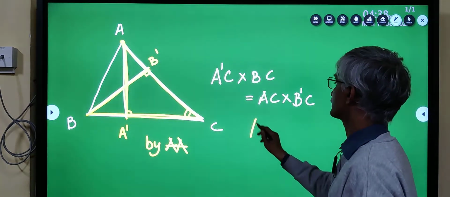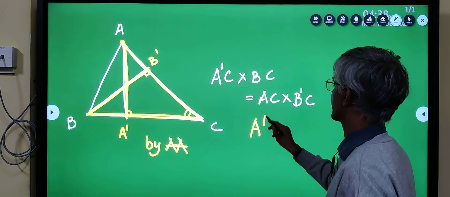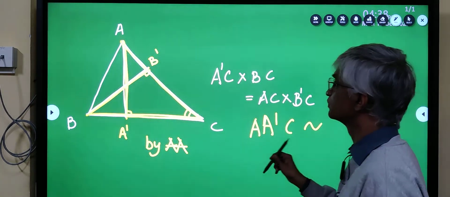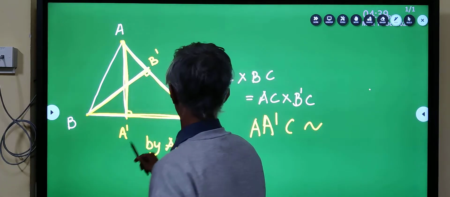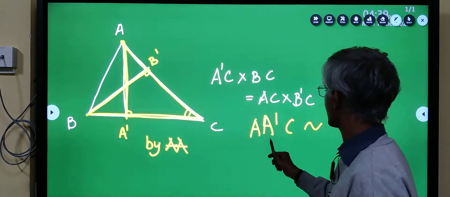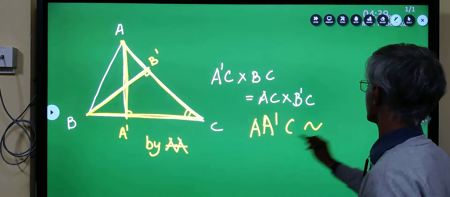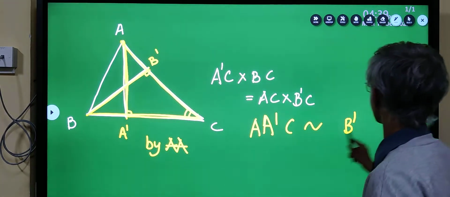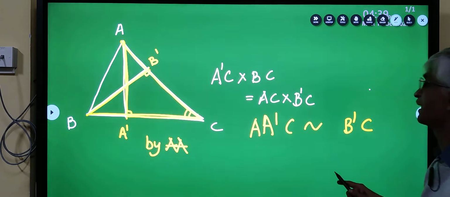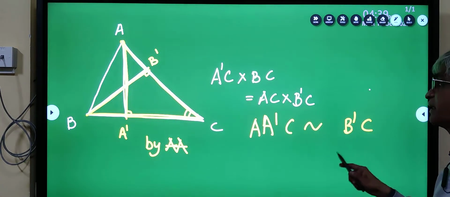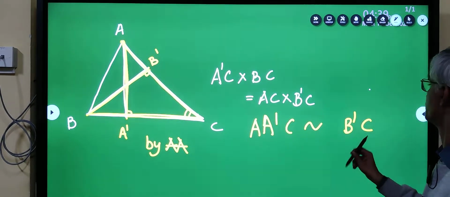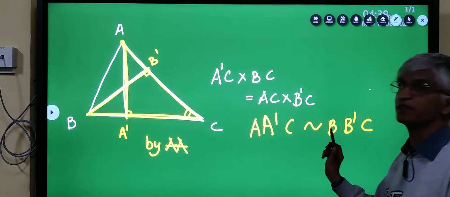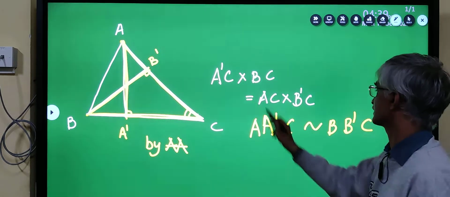So I'm talking about A dash C is similar to... Now, angle A dash is similar to angle B dash. Angle C is the same as angle C, and A dash C is similar to B dash C. So these two triangles are similar. I've got the order right, and now it's simple.